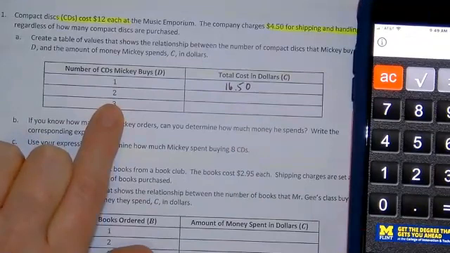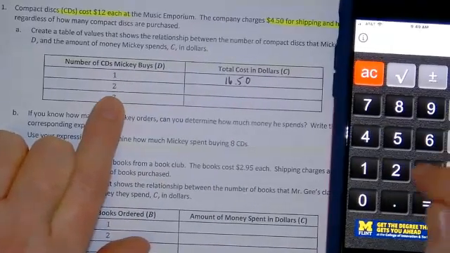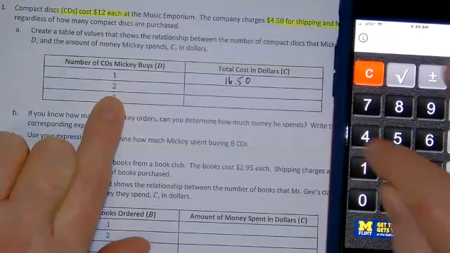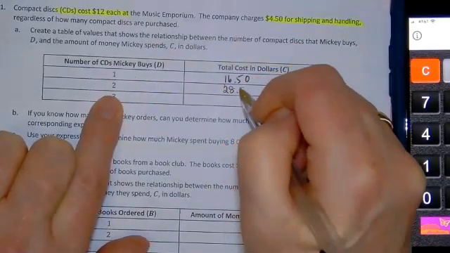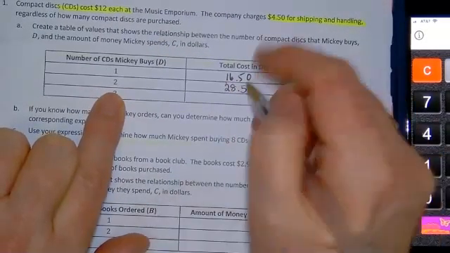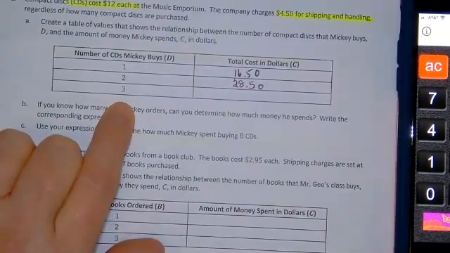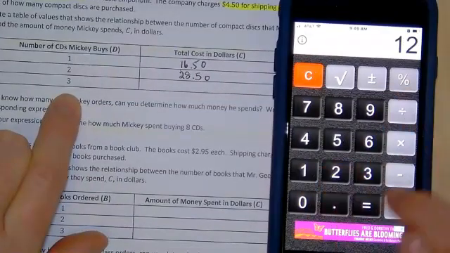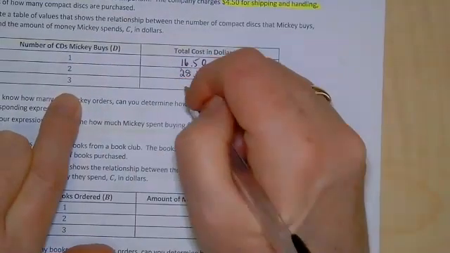All right, 2 CDs. 2 times 12 plus 4.50. And how do I make that look like money? Yep. 3 CDs. And how do I make that look like money?